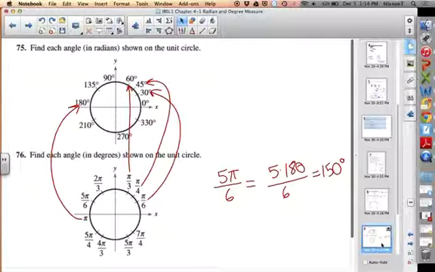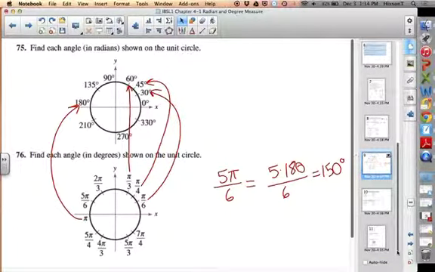Eventually, we'll have all of these memorized, and you'll know your whole unit circle, which is really, really helpful. It may sound like a ton, but there is a pattern to it, and it's not too bad once you get the hang of it.